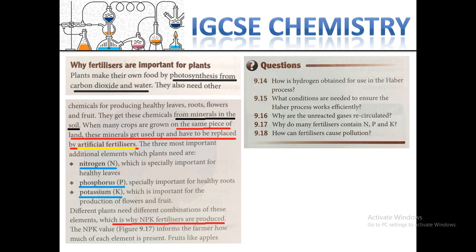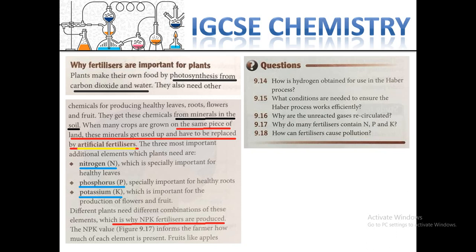There are many types of fertilizers that can be produced artificially, and they can add more minerals to the soil. The most important elements that are helpful for growing plants are nitrogen, phosphorus, and potassium.